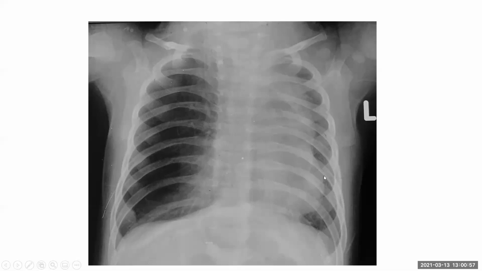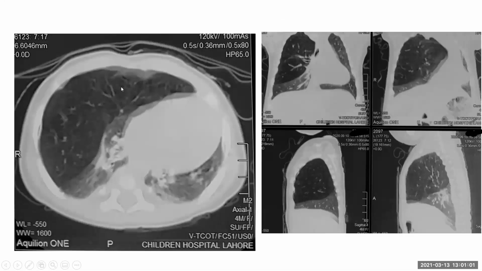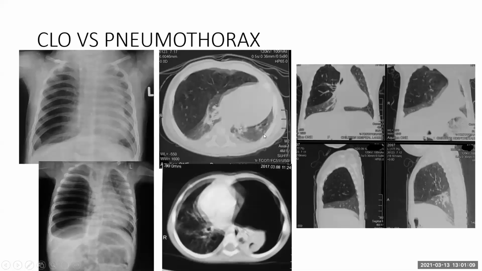The left lung over here is normal. So this is the typical attenuated vessels, hyperlucent right upper lobe, mediastinal shift, anterior junctional line shift towards the opposite side. Pneumothorax would of course be totally devoid of lung markings, and this was CLO.